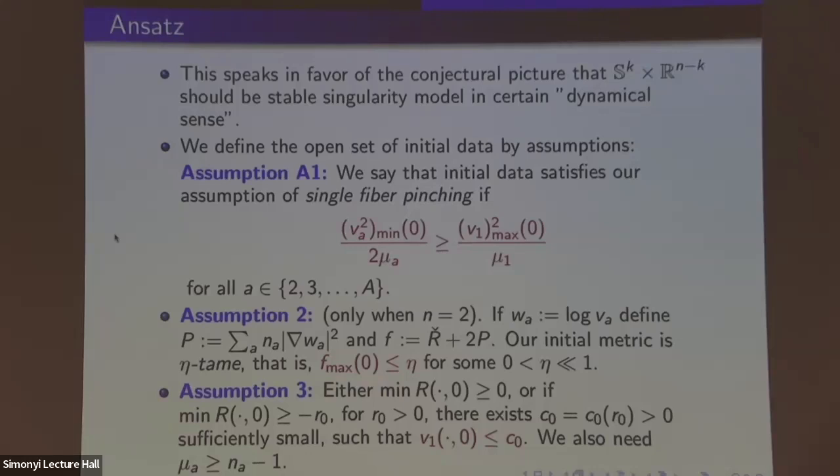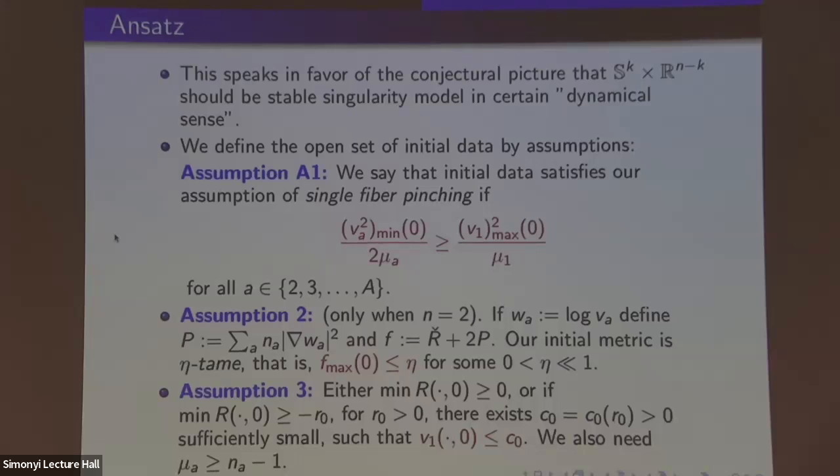Here I give you assumptions A1 to A3. These assumptions define the open set of initial data that we want to consider on these multiple warped product structures. Remember, the v_a are the warping functions.